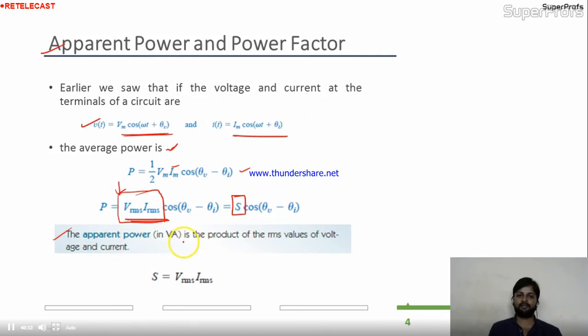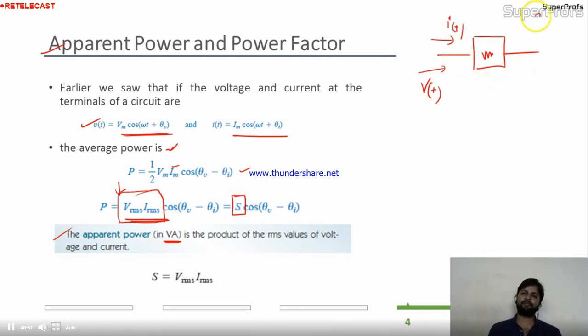The apparent power, in VA, volt ampere, is the product of the RMS values of the voltage and current. Suppose you have some circuit. In that circuit you give some voltage Vt, and due to that voltage the current is It.